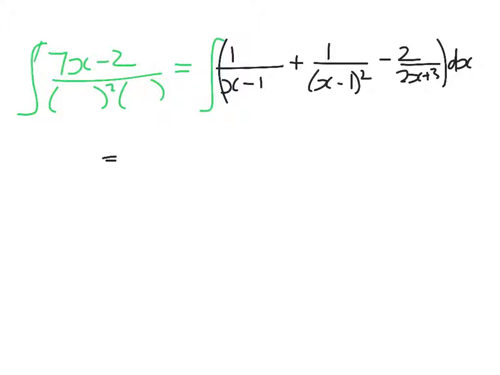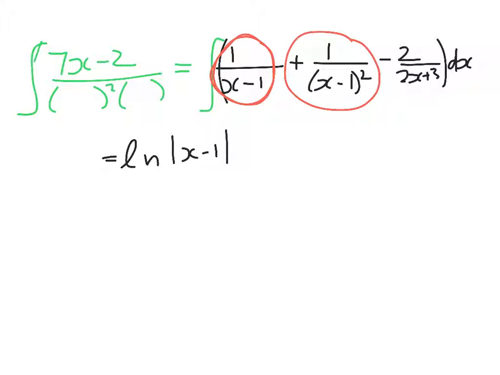Taking that one step at a time, we see that now we've got 3 really straightforward little integrals. This one's going to give me the natural log of x minus 1. This bit is going to give me minus x minus 1 to the negative 1. That's just the power rule, and the derivative of the inside function is just plain old 1.